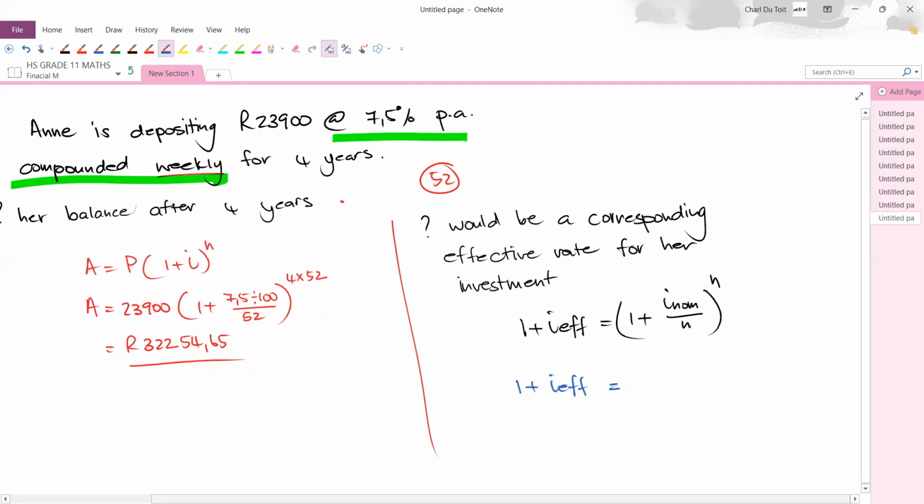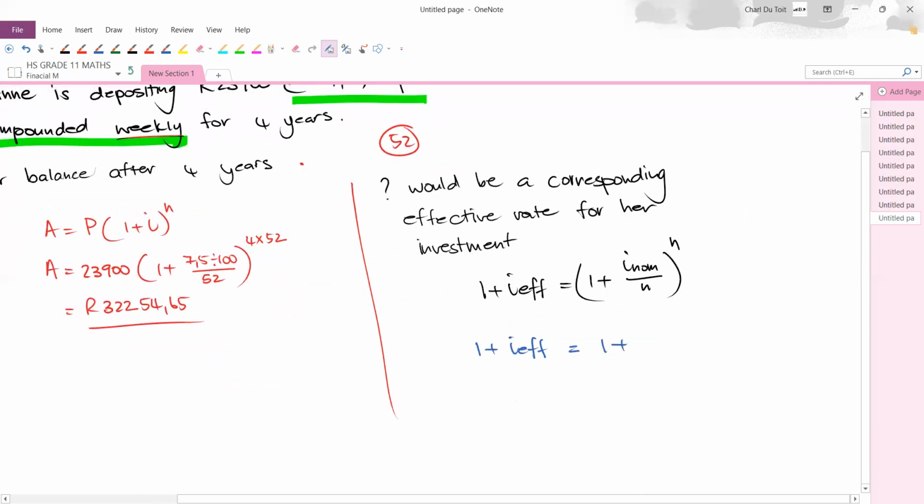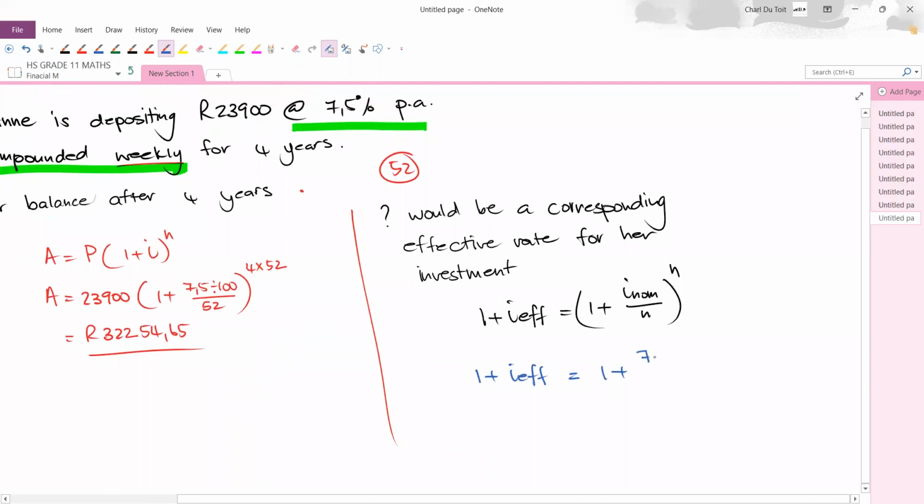Did you fill in 1 plus I effective and you filled in the nominal side? Yes, sir. 1 plus 7,5 divided by 100 over 52 to the power of 52. Did you do that? Oh, it says 52 times 4 at the end.